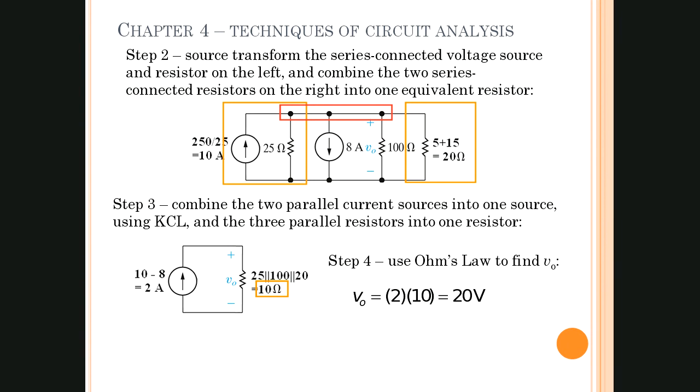If we take that reference from the top to the bottom, that V sub naught right there will be the same because everything's in parallel. So now we just use Ohm's law. V naught is equal to 2 amps times the equivalent resistance of 10 ohms to give us 20 volts. So V naught equals 20 volts.